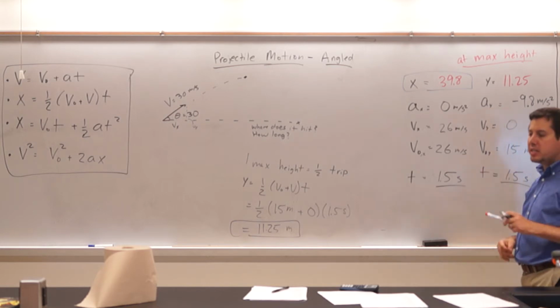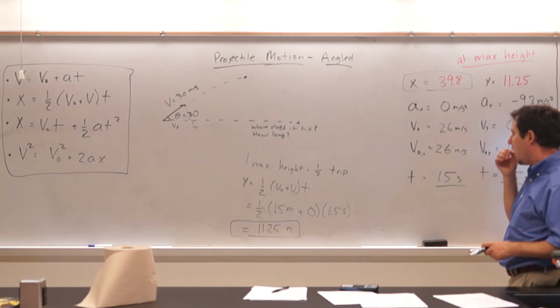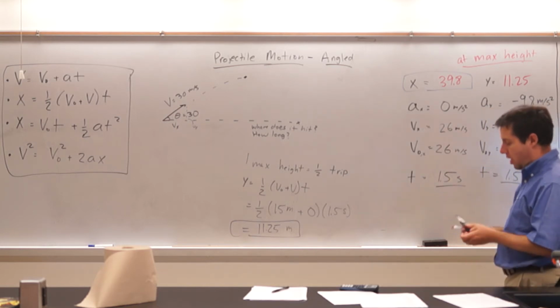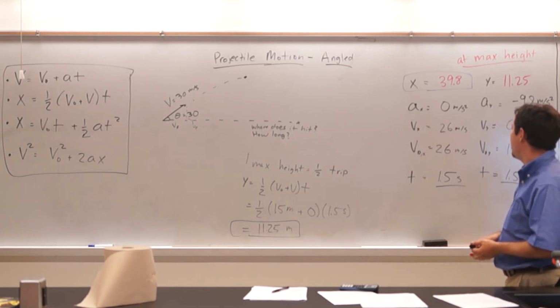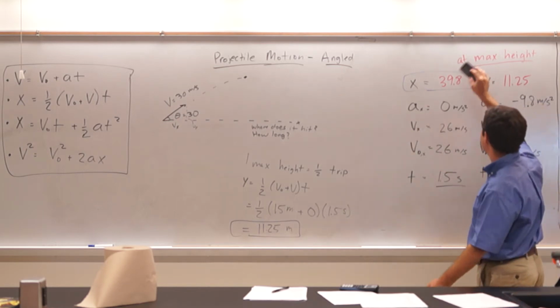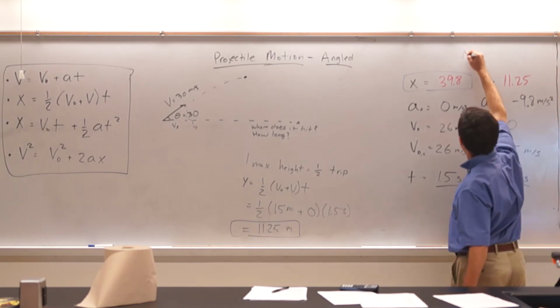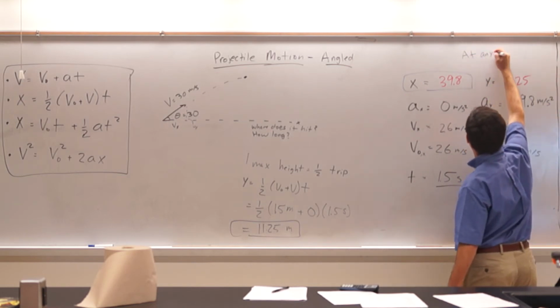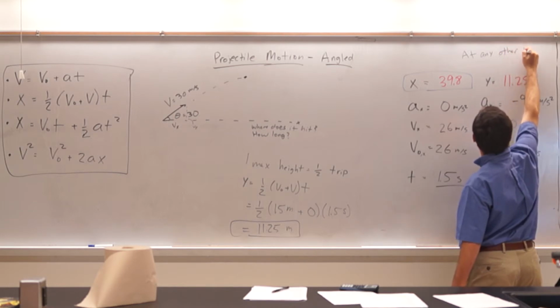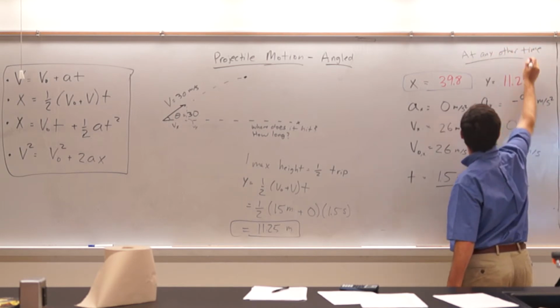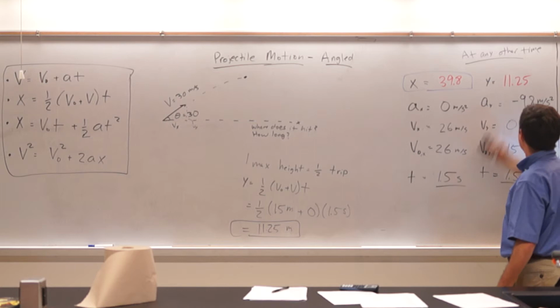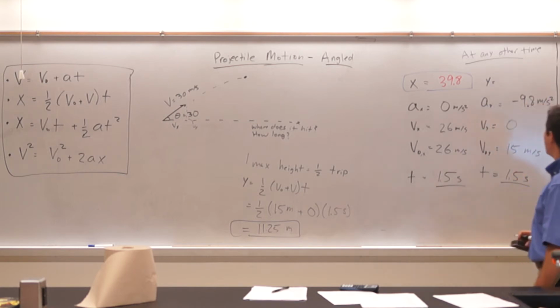And you could even pick a different point on it. You could pick any time that you want, and you can solve based on what you know. Because at any given time, any other time, you know that the acceleration is always going to be 9.8.